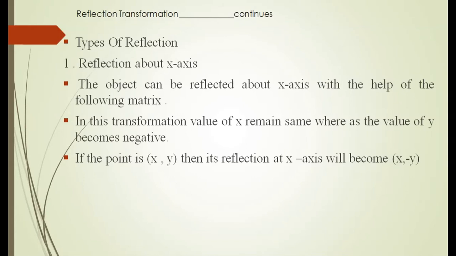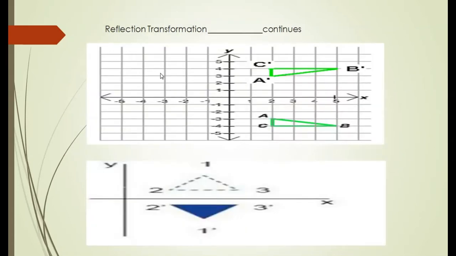In this x-axis reflection, the value of x remains the same but y becomes negative. Here you see the x-axis and here is the y-axis. Here is our original image, that is the original triangle, and here is the reflected triangle.